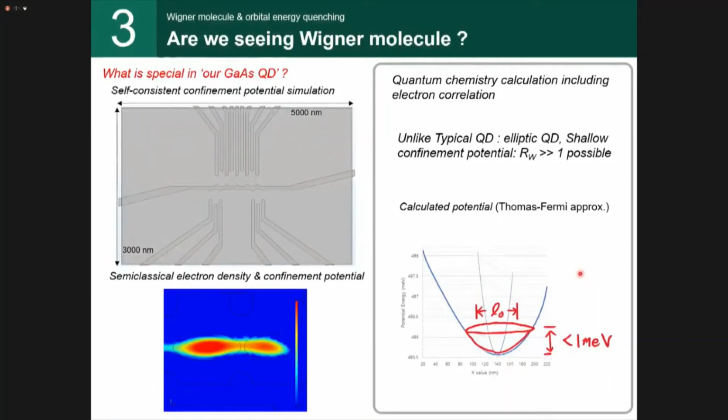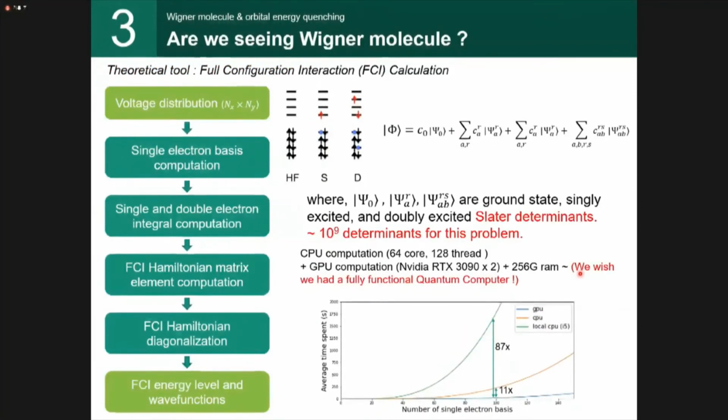So using this quantum dot size and two-dimensional potential shape, we have done a full configuration interaction calculation, which is one of the first-principles methods, where we start with the Hartree-Fock approximated ground state, including singly excited, doubly excited, and multiply excited orbitals. We write our many-body ground state.